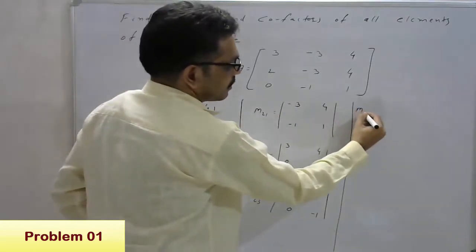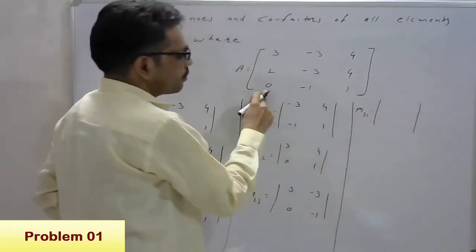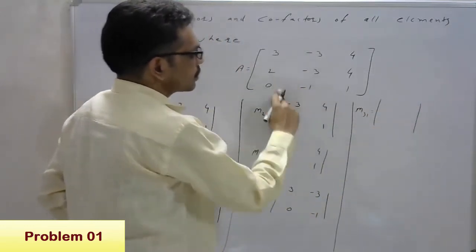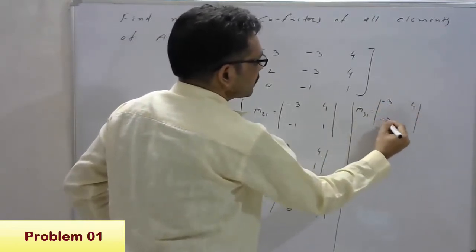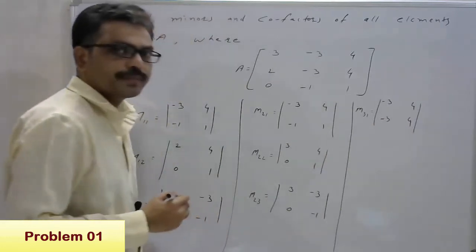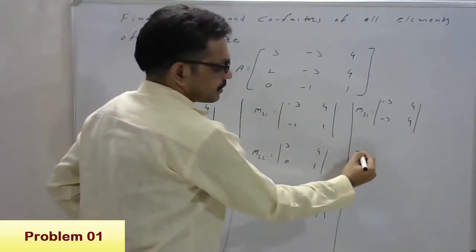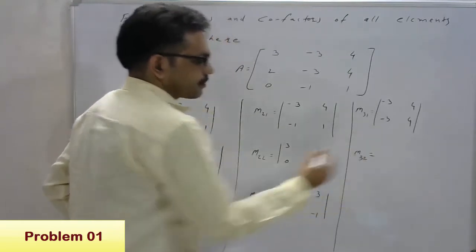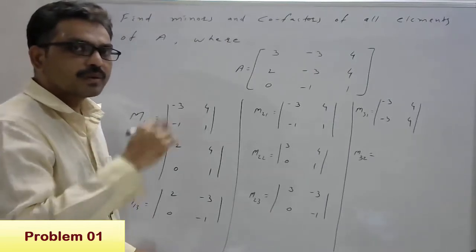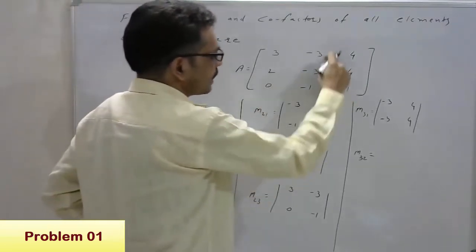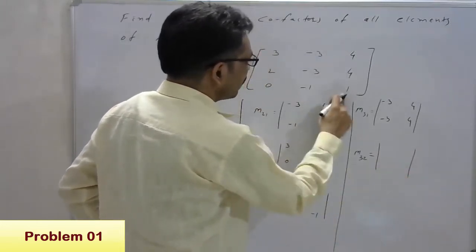The minor M31 is a determinant obtained by deleting the third row, first column. Therefore, the elements are -3, 4, -3, 4. The minor M32 is obtained by deleting the third row and second column.